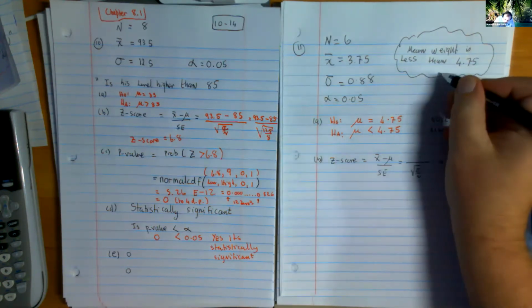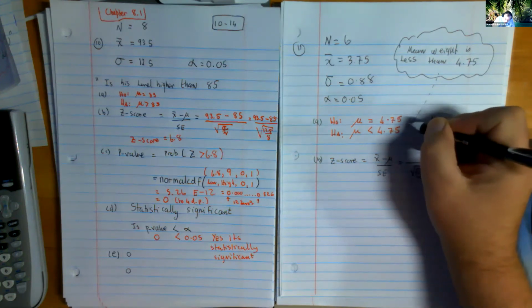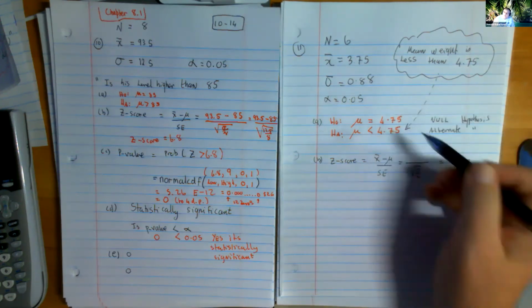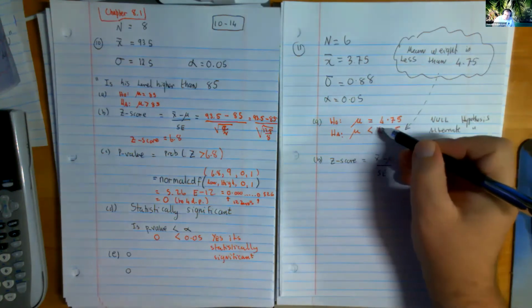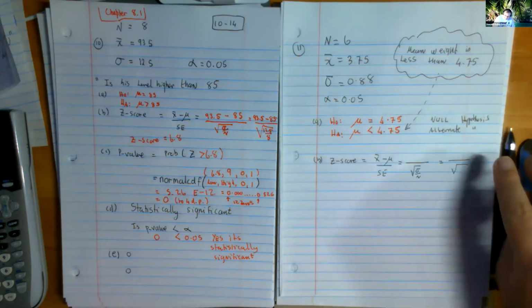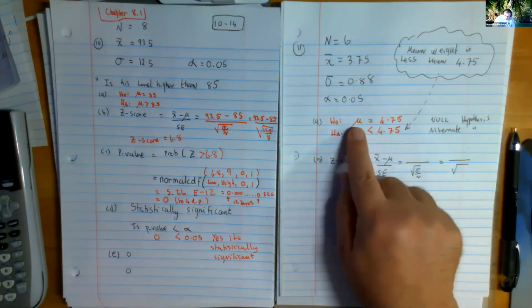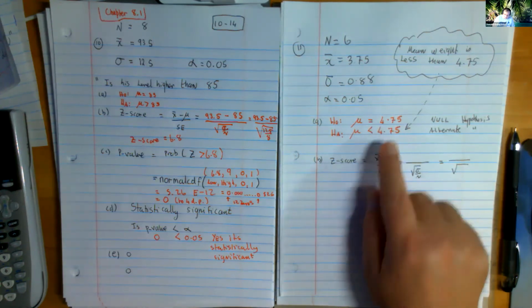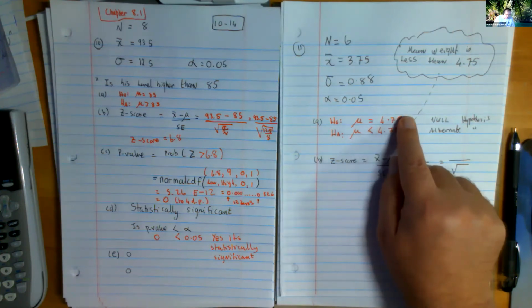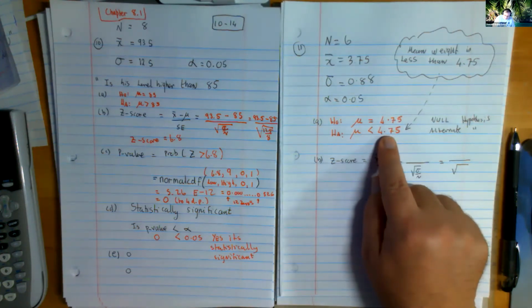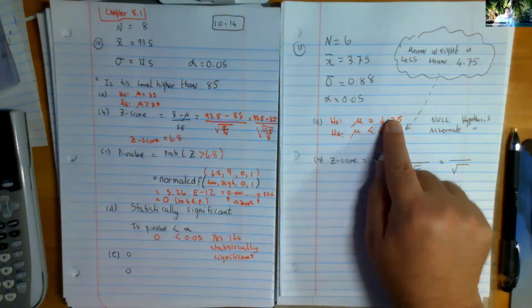So that tells us what's going here. The null hypothesis is quite easy to do. It's always equal to the same number. So if this is less than 4.75, mu will be equal to 4.75. If this is greater than 20, mu will equal 20. If this is not equal to 47, this will be equal to 47.